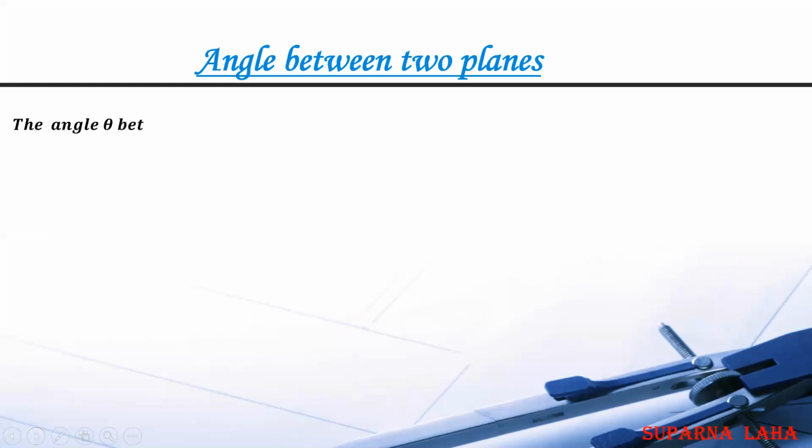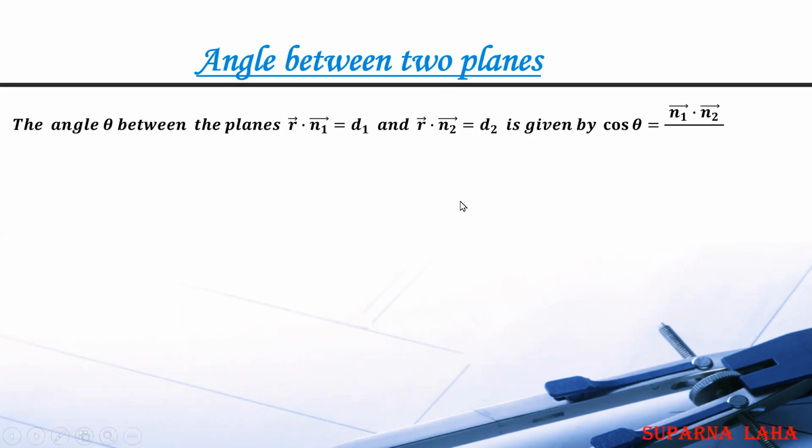If the angle between two planes is theta and their vector representation is given in this form, then cos theta is given by vector n1 dot product with vector n2 divided by the mod value of vector n1 into the mod value of vector n2.